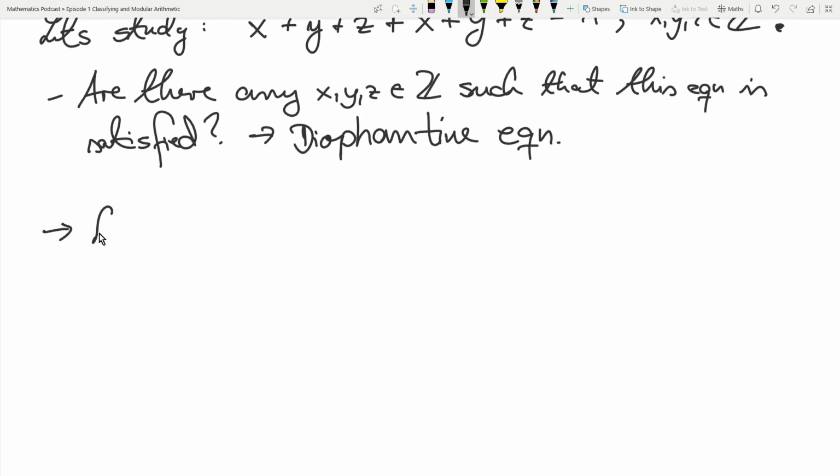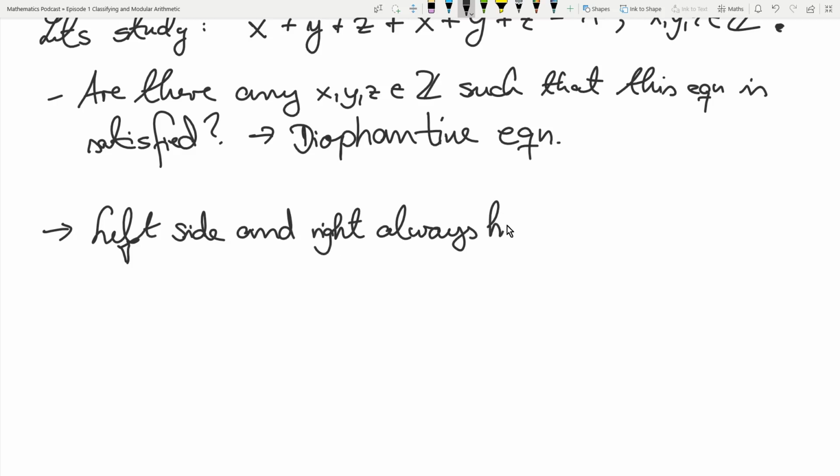Left side and right side always have to be in the same bucket, no matter how I sort.